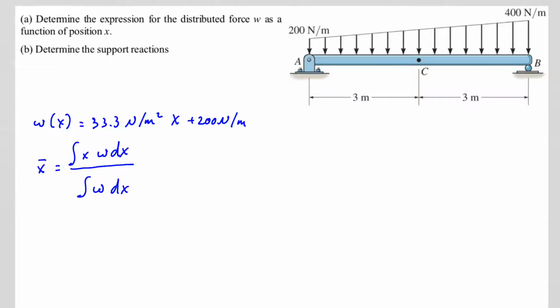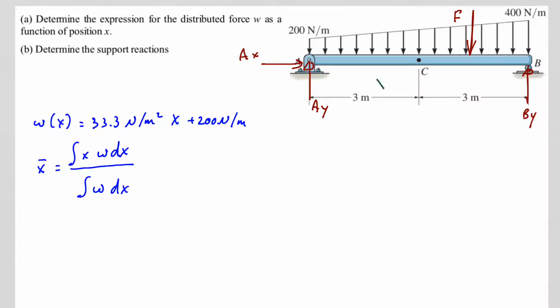Okay, so the second part is to determine our support reactions. So we're trying to find Ax and By. We can't do it for this distributed load as it is, so what we want to do is find a force F, and then we need to know the location of that force.